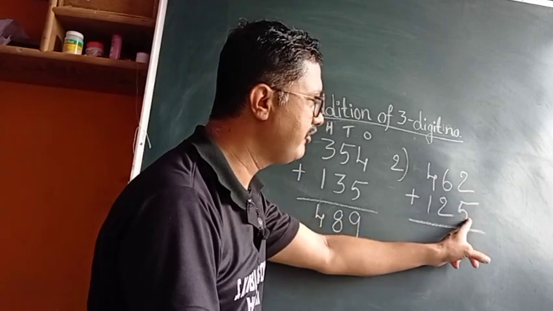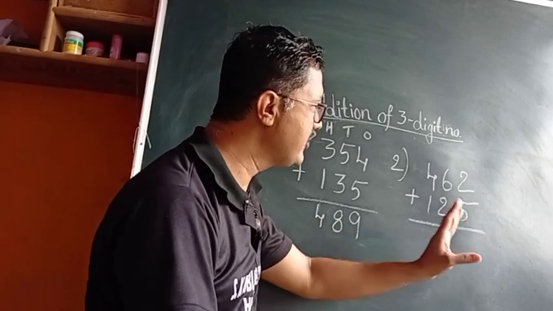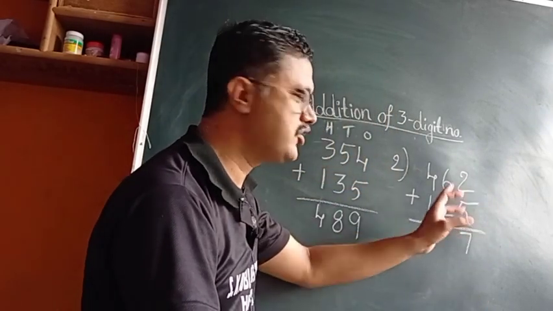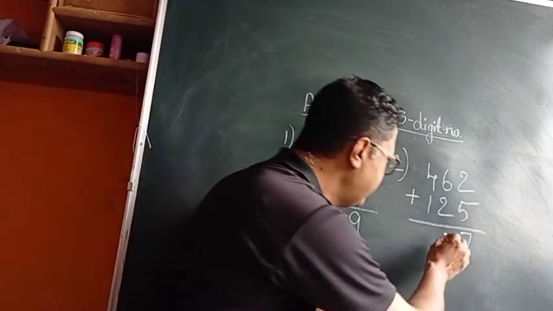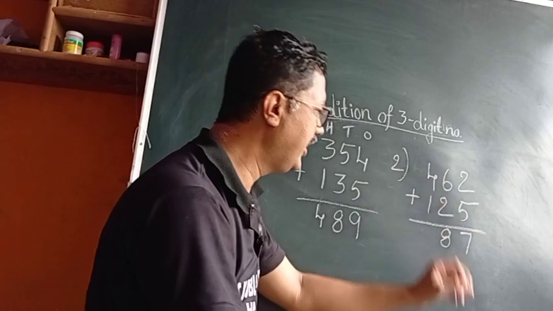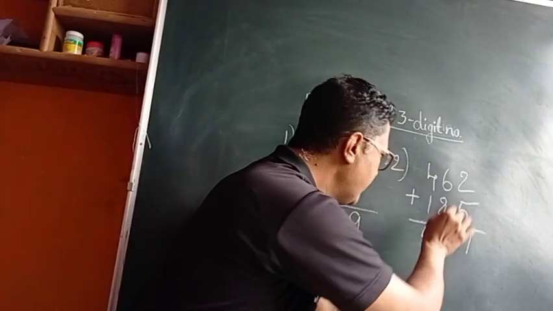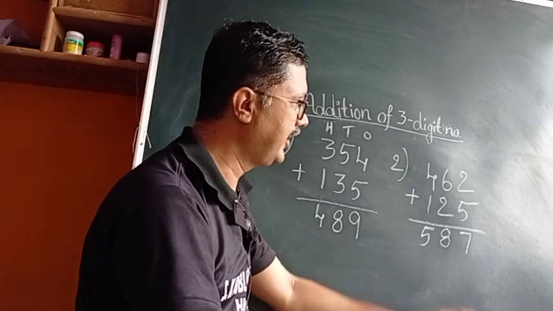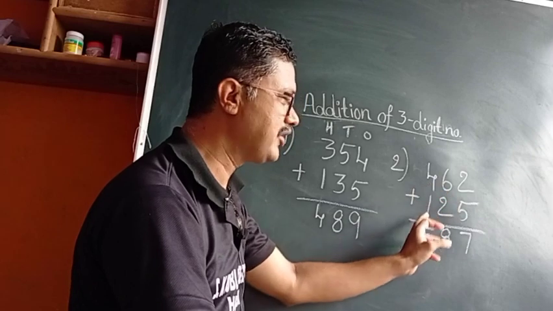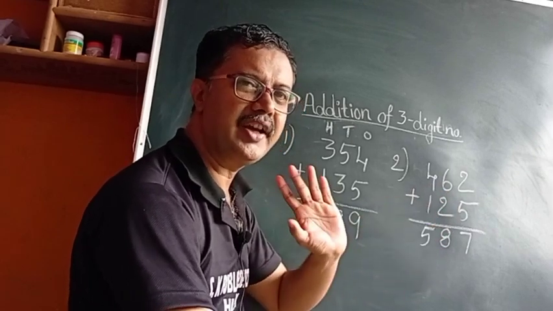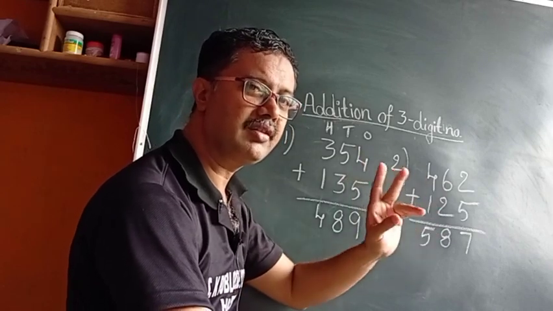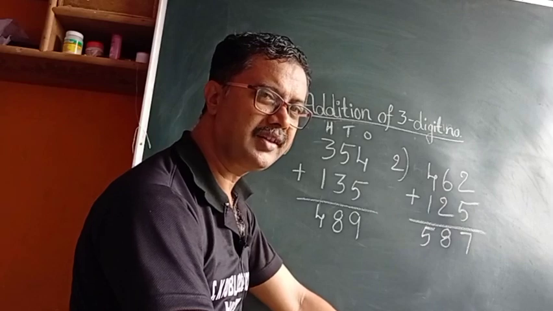Yes, 2 plus 5 is equal to 7. 6 plus 2, 8. 4 plus 1, 5. Simple addition, nothing changes. Same as it is in 2-digit. What you solved, the same thing you have to apply.